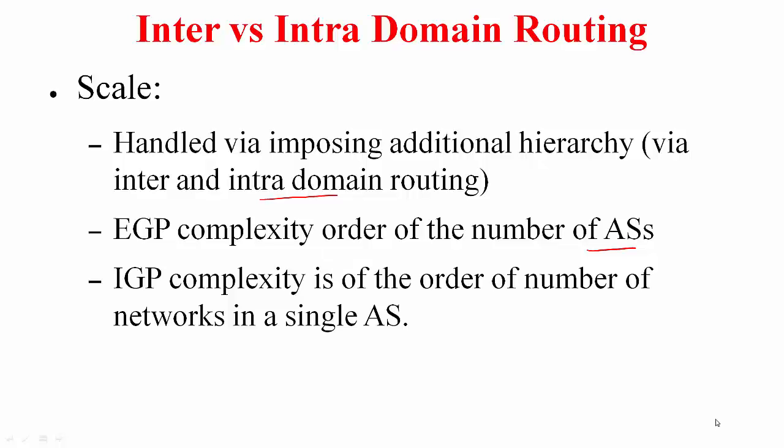And when you look at the interior gateway protocol, the complexity will be roughly of the order of the number of networks within the single autonomous system, because often a router has to interconnect one or two of these networks. So by splitting the routing into inter and intra, one could handle policy, performance to some extent, and scale.